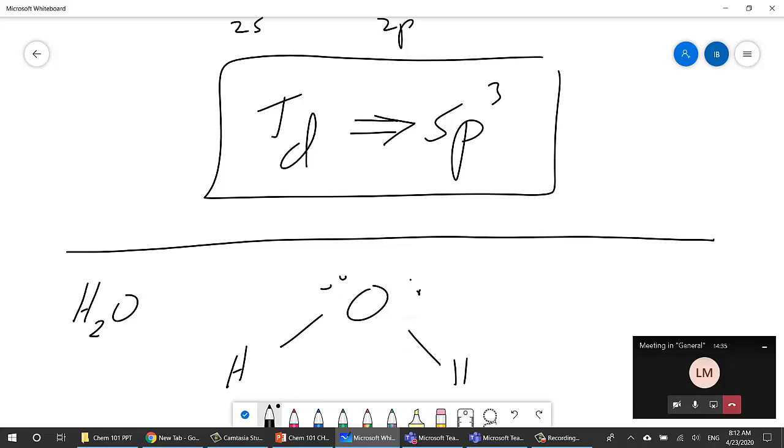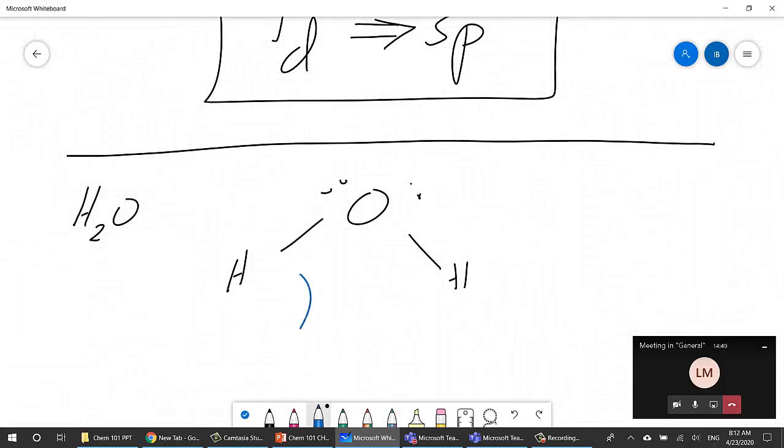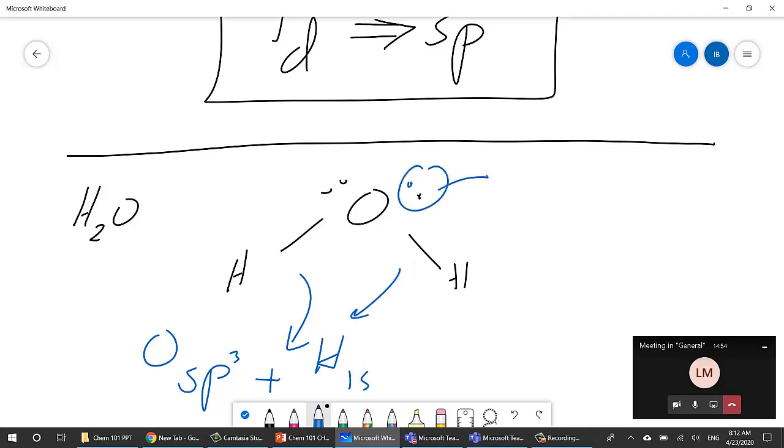And therefore, this bond here is made from an sp3 orbital in oxygen plus a hydrogen with one s orbital, and this bond is the same thing. Now this lone pair is called a lone pair. This lone pair is also sitting in an sp3 orbital.